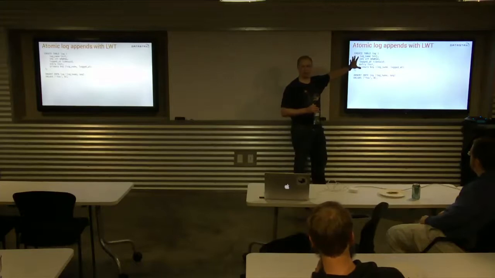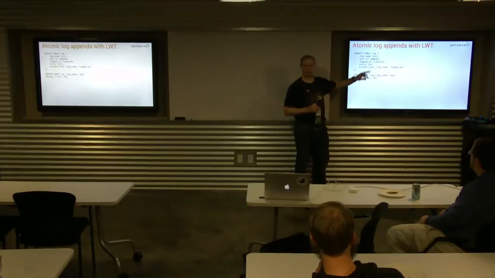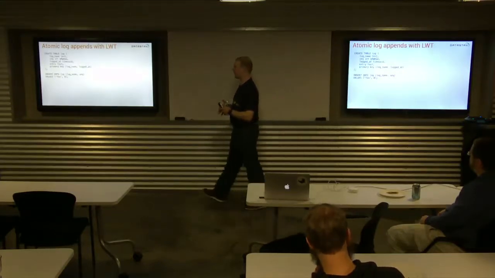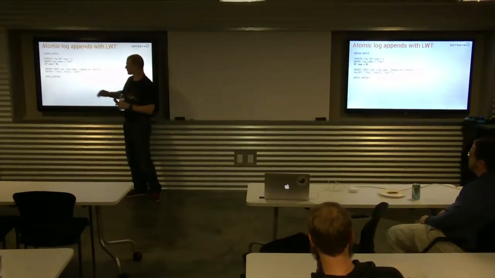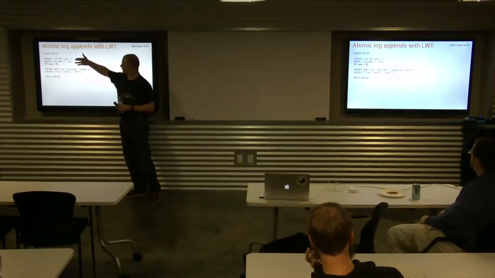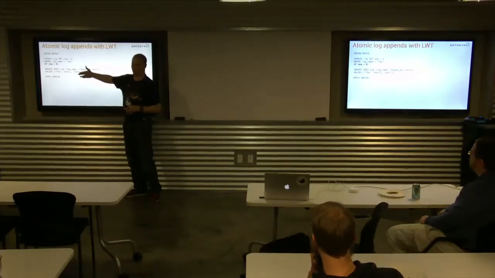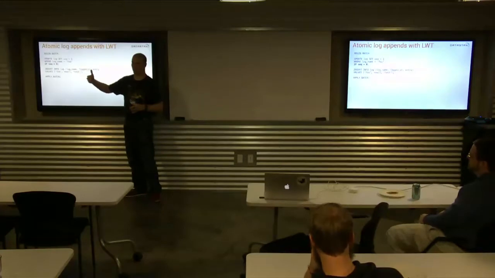So they used lightweight transactions to solve this by creating an event table that looks like this, where you have a sequence integer, and we initialize that sequence to 0 when we're starting a new event log. Then to insert a new event, we update the sequence, incrementing it at the same time as we insert the event. That makes sure we're always increasing that sequence by 1, and there's no opportunity for events to be generated out of order.